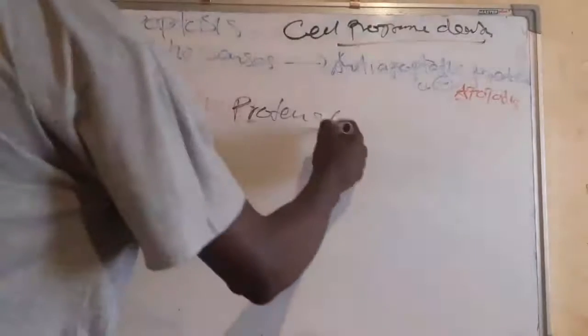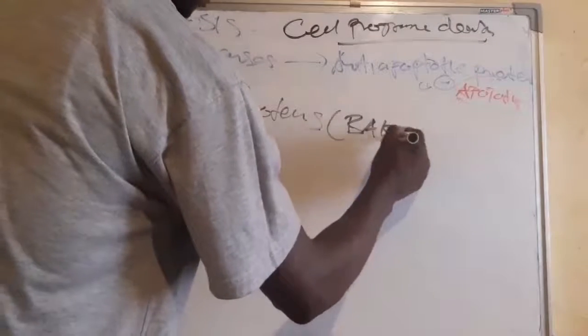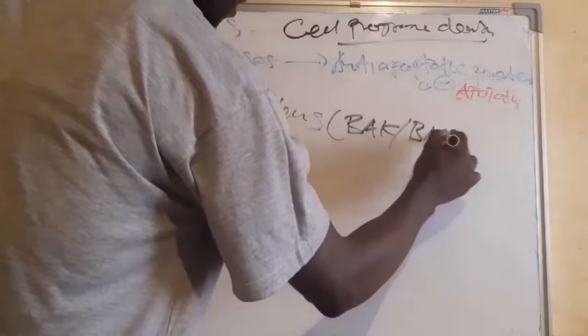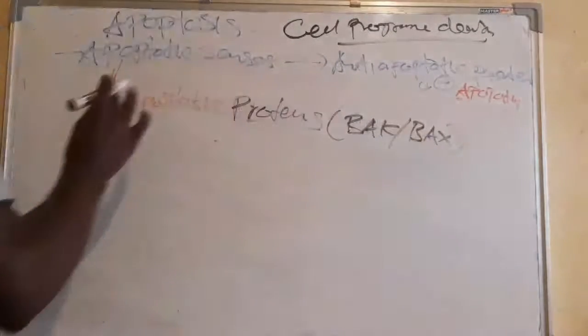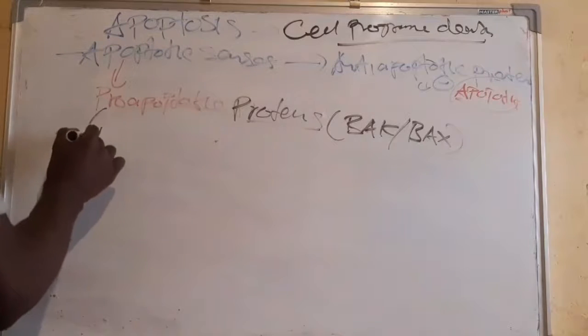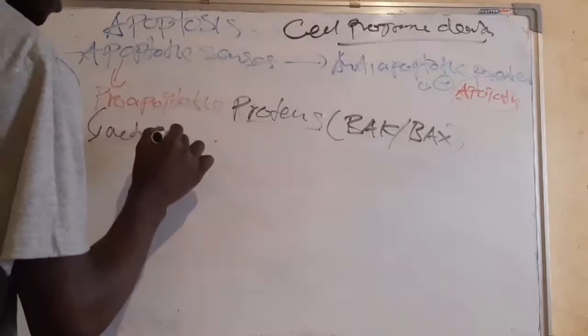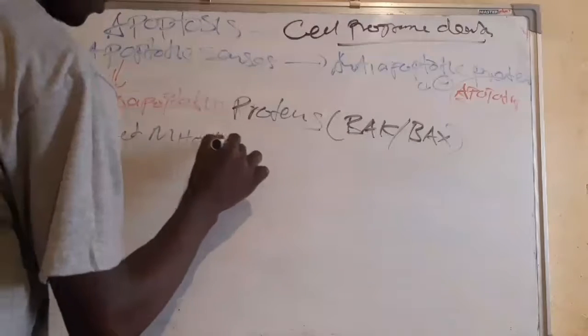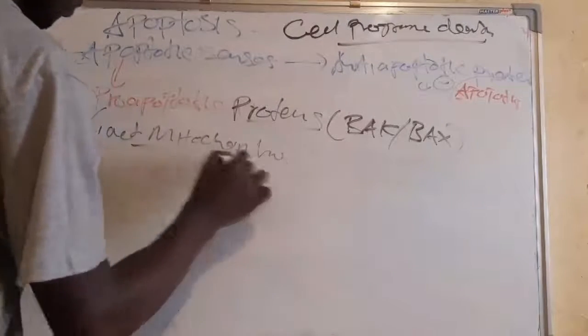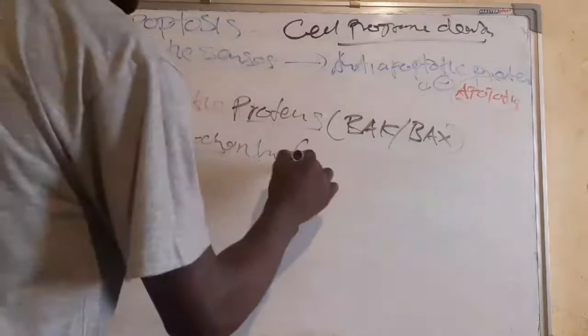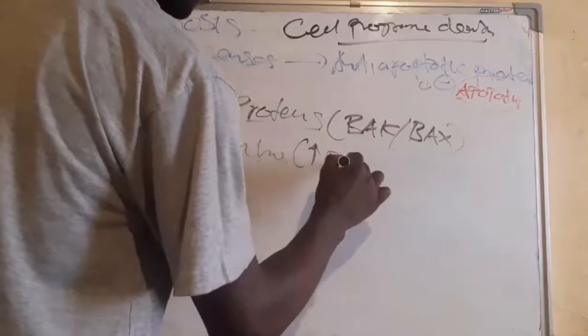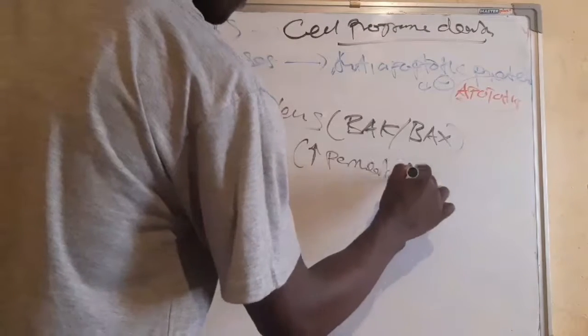So when these pro-apoptotic proteins, like BAX or BAK, are activated, they act on the mitochondria. They cause an increase in the permeability of the mitochondria.